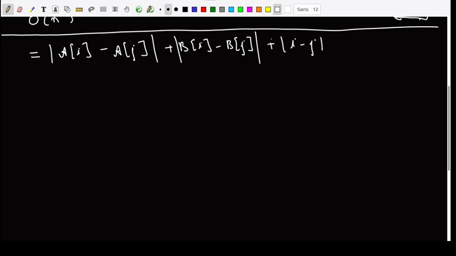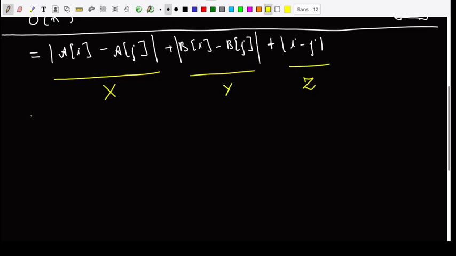So we wanted to maximize it. Okay, so let us first divide this expression into three parts. So this part, let us call this part as X, this part as Y, and this part as Z.